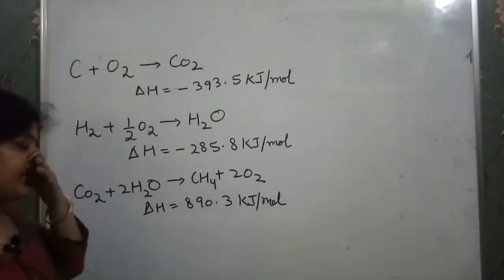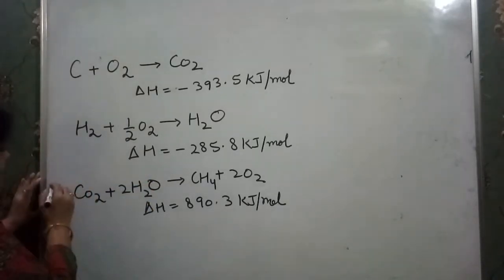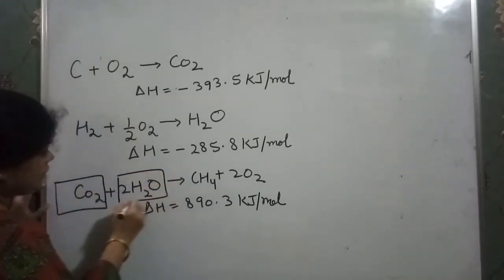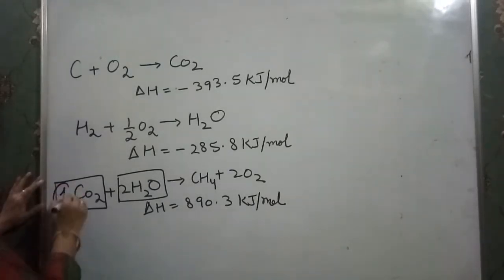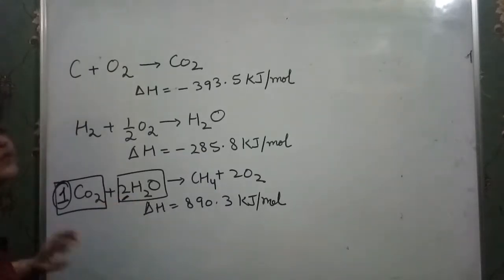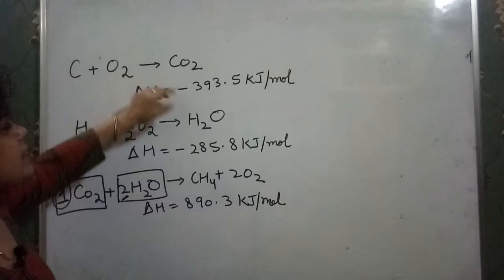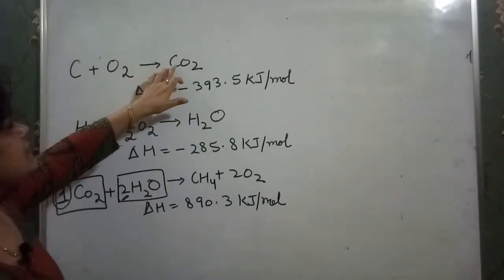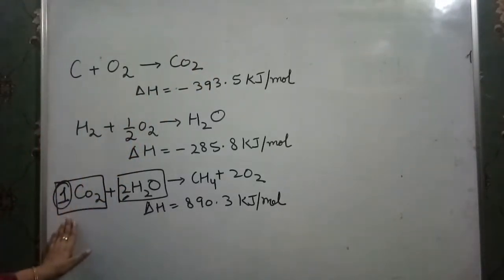If we have to find this type of question, just observe one thing. We have CO2 on the right-hand side and the water molecule on the right-hand side. In CO2 we have 1 mole, and in water we have 2. So here we have 1 molecule of carbon dioxide, so this enthalpy remains as it is. But CO2 is on the right-hand side, and in this equation we have it on the left-hand side.